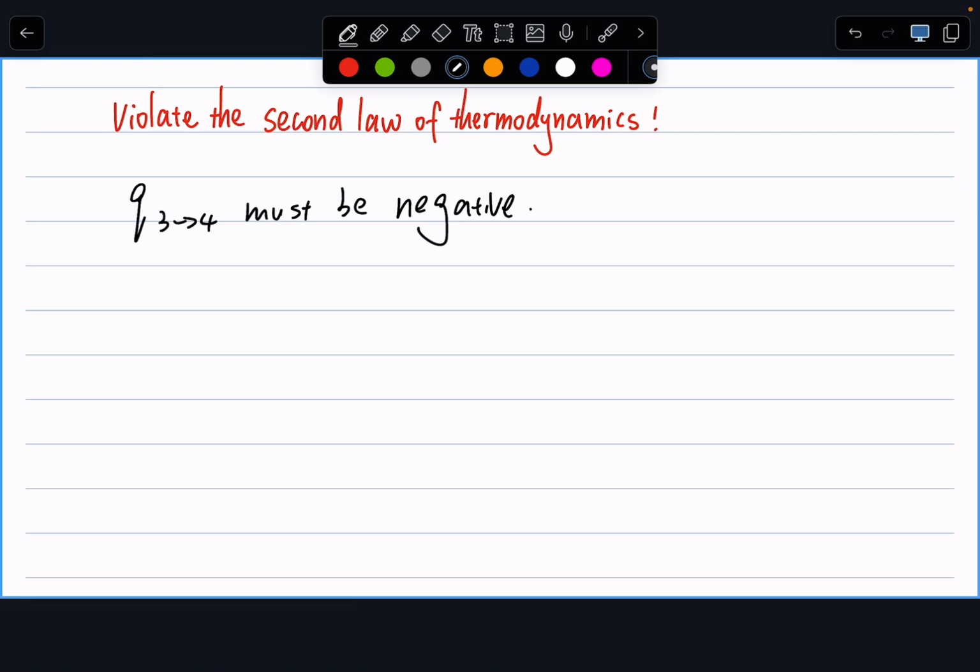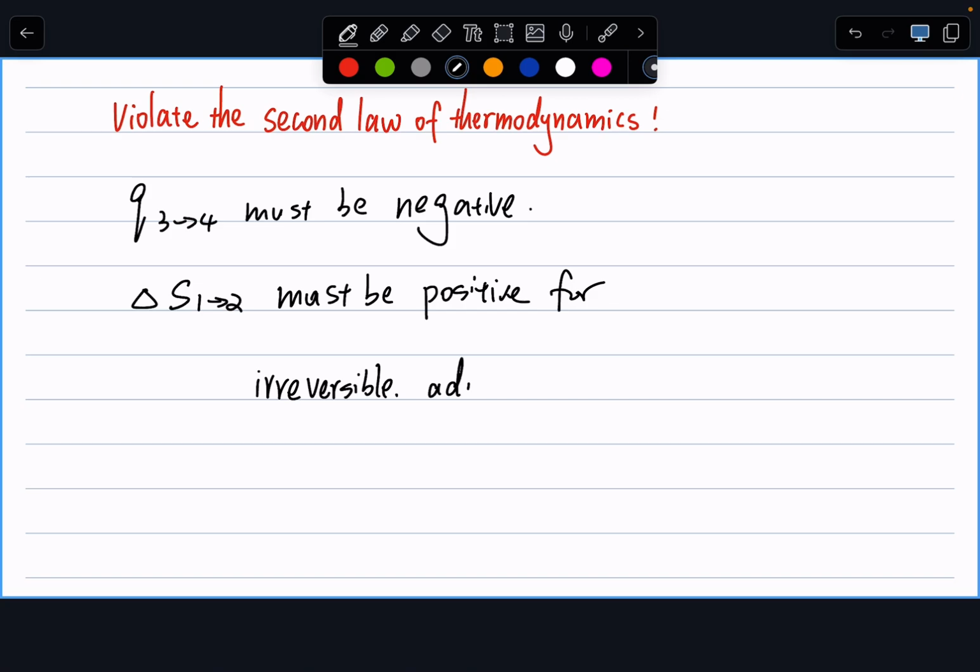So that irreversible ΔS 1 to 2 must be positive for this specific irreversible adiabatic process. And again, we have ΔS 1 to 2 equal to negative Q 3 to 4 over T.